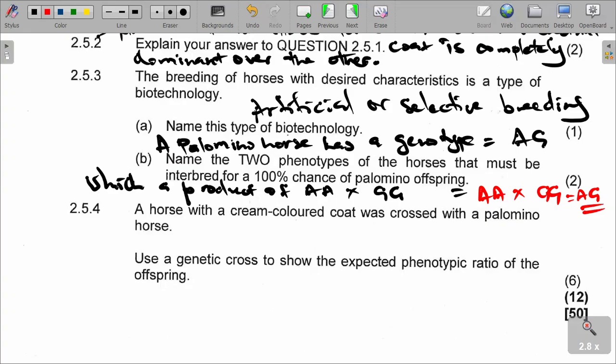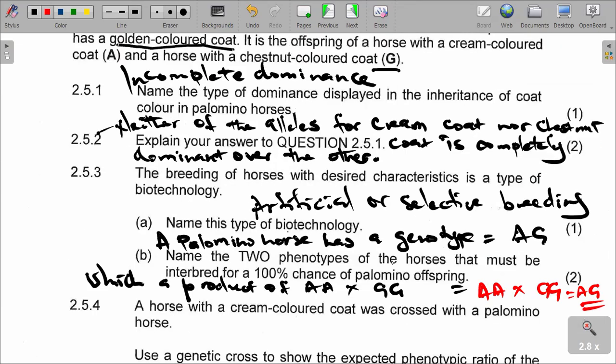And then we are given that a horse with a cream coat color was crossed with a palomino horse. Use a genetic cross to show the expected phenotype. We have done this quite a lot of times.